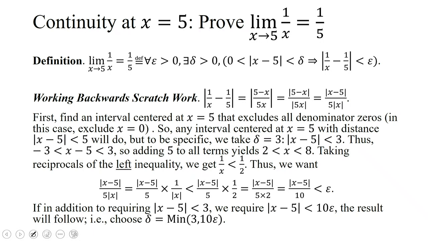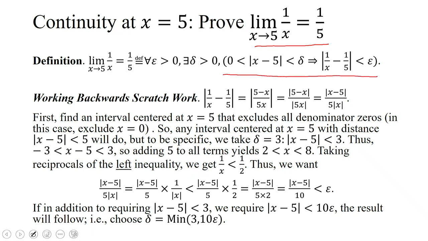So to prove continuity at that point, we want to show that the limit of 1 over x as x approaches 5 is equal to 1/5. So our definition is going to involve, for any epsilon greater than 0, there's a delta greater than 0, and this implication is going to have to be satisfied.